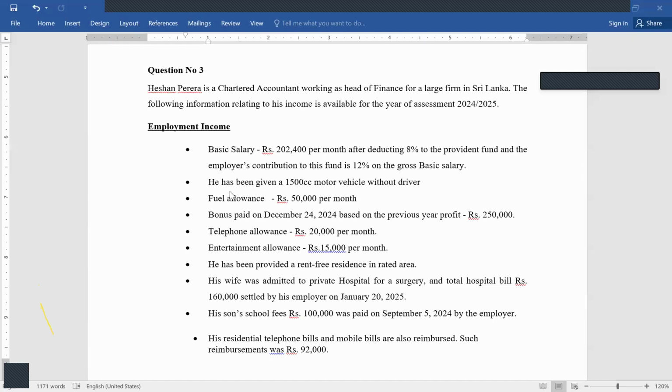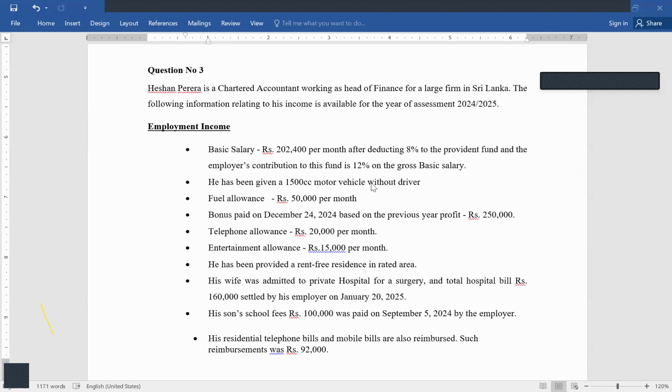Then the next one, he has been given a motor vehicle without driver. We can assume with fuel or not.